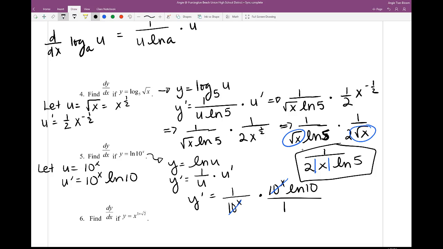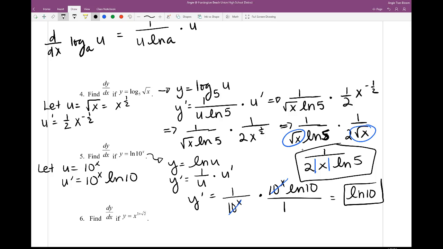So when that is canceled, I will just have simply natural log of 10. So that is the derivative of y. I'm sorry, I should say that's the derivative of y, because the derivative of y prime is the second derivative, which is incorrect. So that is just y prime.